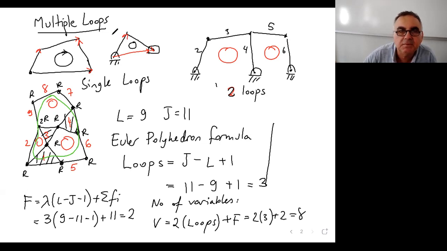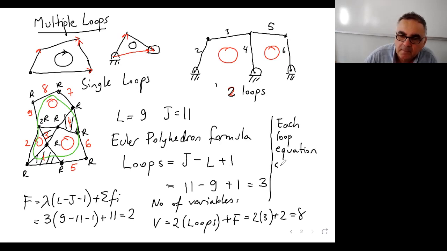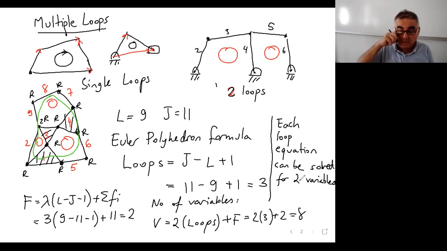Let me write it here. Why is that? Because in 2 dimensions, each loop equation has 2 components.